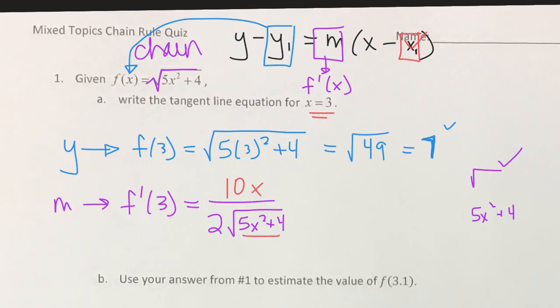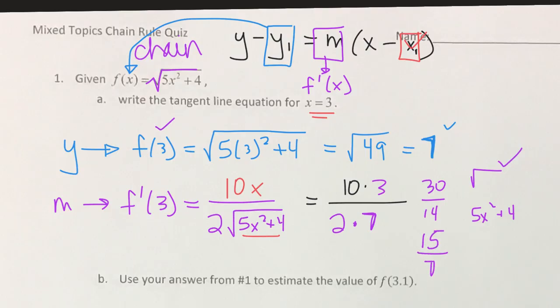But now we're going to evaluate when x equals 3. So 10 times 3 over 2 times, well, I know what this one is already. We've done f of 3, that's just 7. So that's not going to change when we plug 3 into there. So 10 times 3 is 30 over 14, which reduces to 15 over 7.